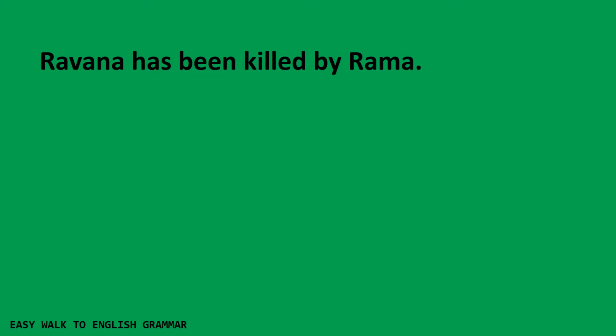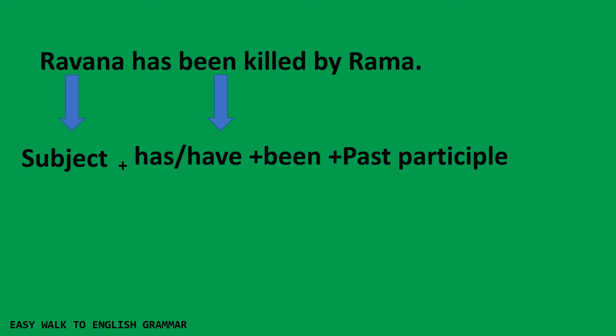Here, the sentence in passive voice of the present perfect tense is Ravana has been killed by Rama. Ravana is the subject. Has or have according to the singularity or plurality of the subject. It means if the subject is singular, we have to use has, and if the subject is plural, we have to use have, plus been.